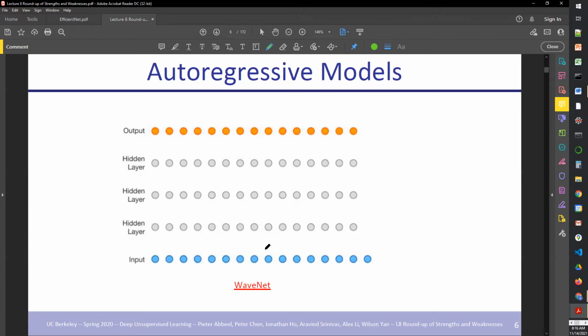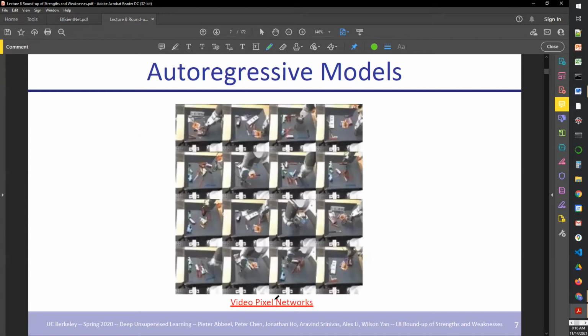By the way, the same technique and some additional tweaks led to these video pixel networks, where past frames are used with convolutional networks that then feed into an LSTM, which then generates an embedded representation.